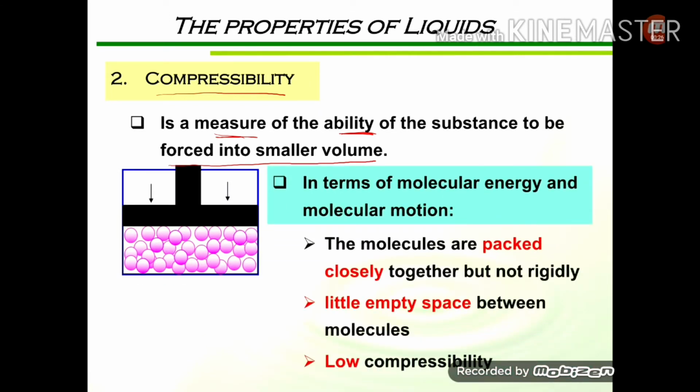As I mentioned earlier, the molecules in liquid state are packed closely but not rigidly. Thus, there is little space between the molecules. So, liquid has low compressibility and is much more difficult to compress than gas.